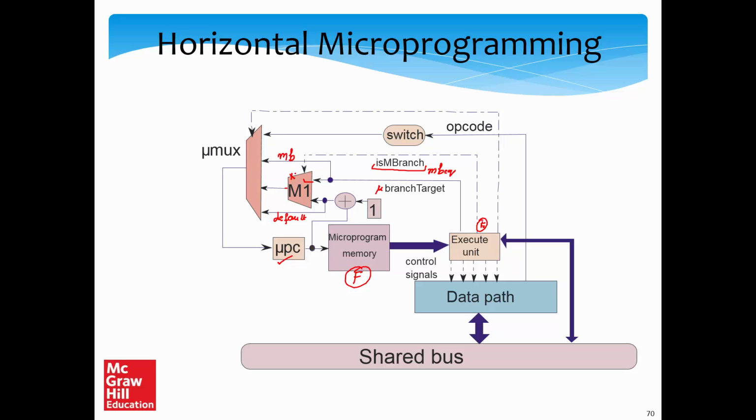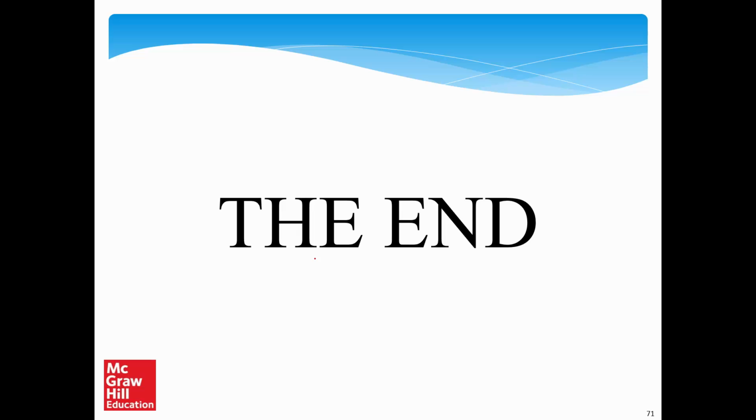That's the reason this design was chosen, and there is no other reason why this cannot be removed. It's just that the logic has to be changed a little bit, but it's still fine. And once we choose a next PC, the next micro PC, we can send it to the microprogram counter.